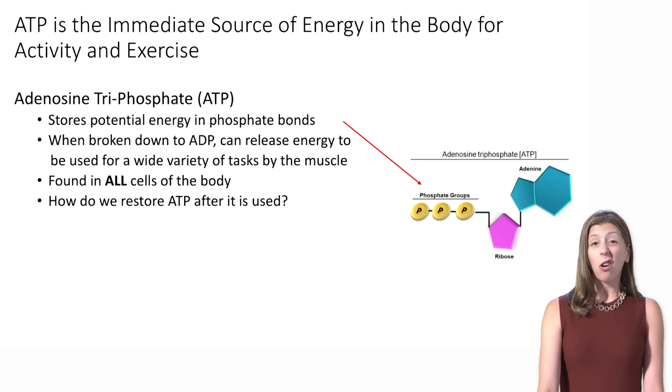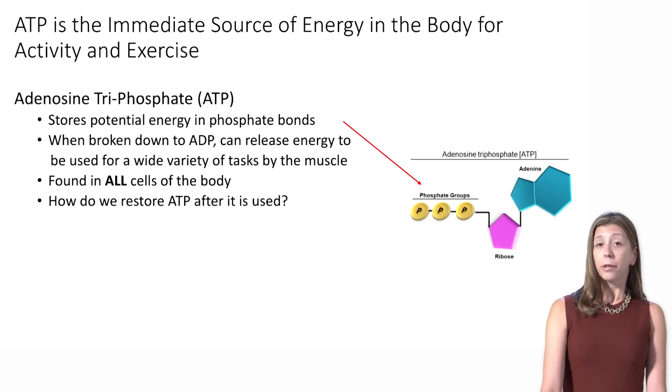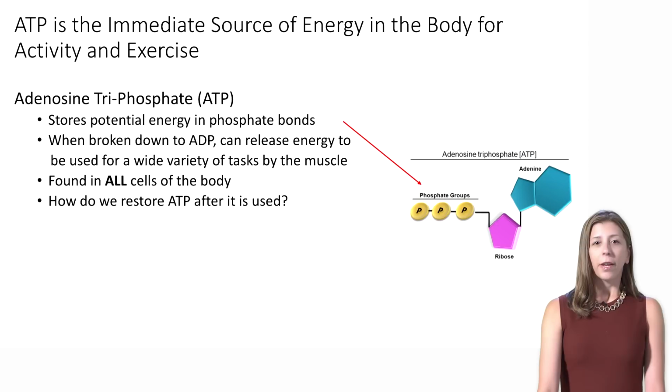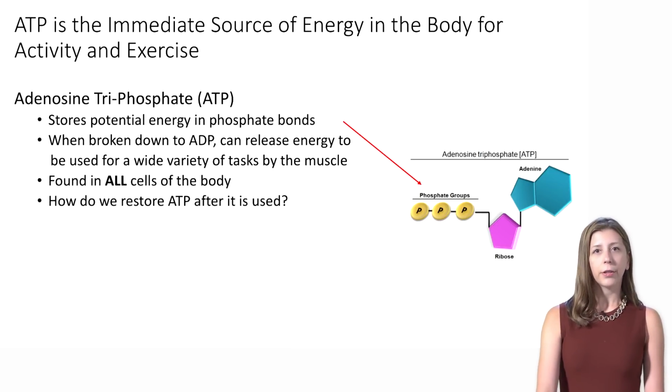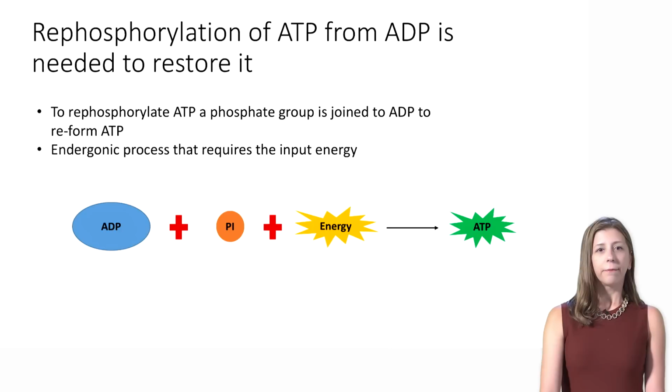You can find ATP in all cells of the body, most specifically, obviously, your muscle when you're working out or when you're an athlete. The thing I really want you to understand is that ATP is constantly turning over, right? Because we're using it for energy, and we have to restore or replenish it, otherwise we fatigue. So how do we do that?